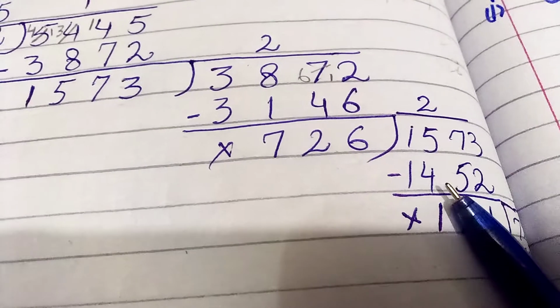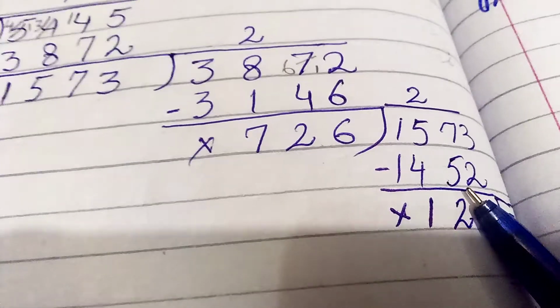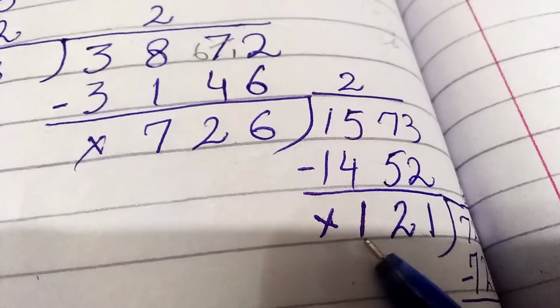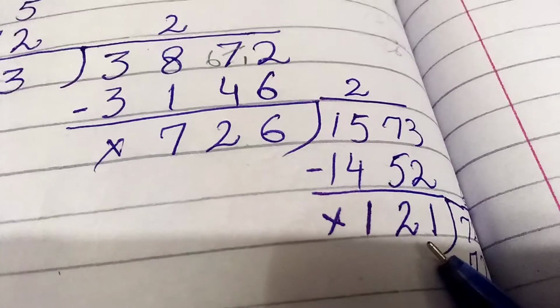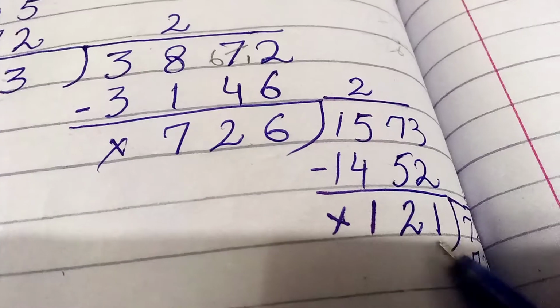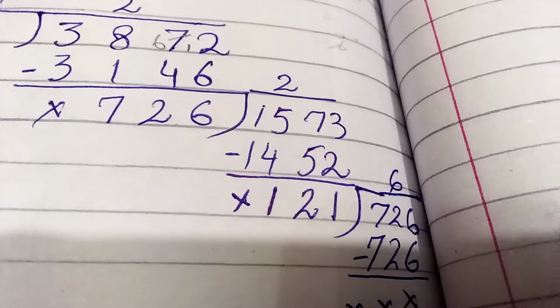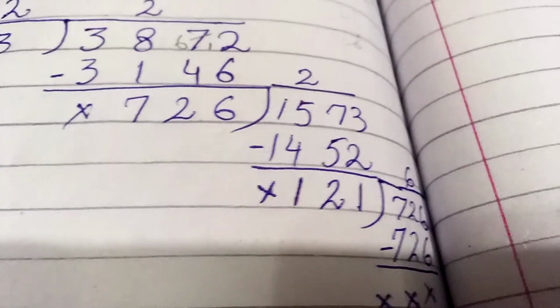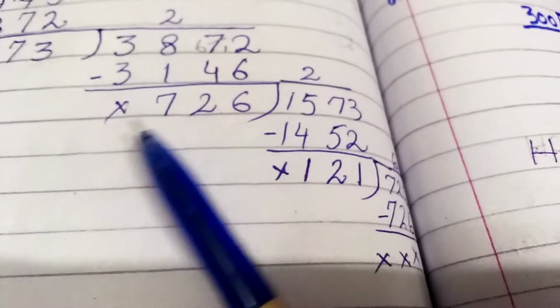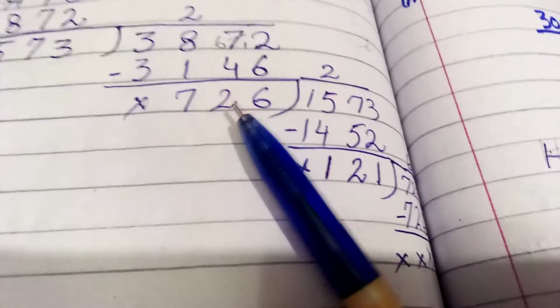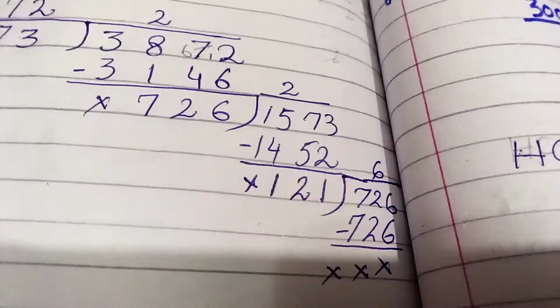726 2 times gives us 1452. We will subtract it and it will give us 121 as a remainder, but we will not treat it as a remainder, rather we will treat it as a divisor, and this 726, which was the divisor in this step, will be treated as a dividend in this step.